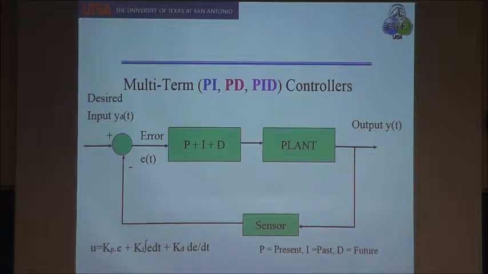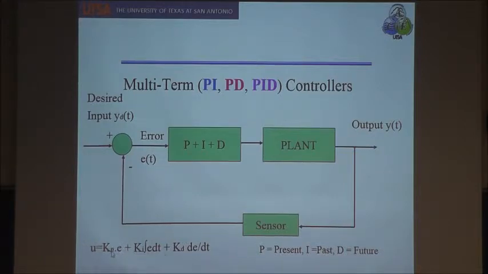So, multi-term controllers, so-called multi-term controllers: PI, PD, PID. P stands for proportional feedback, I is the integral feedback, and D is the derivative feedback. You can see the equation down below here, the proportional plus integral plus derivative.